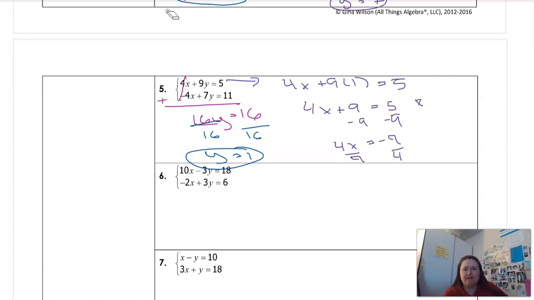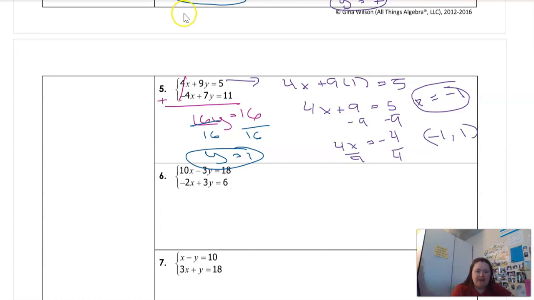So x equals negative 1. So I should have the point (-1, 1) as my solution, and then I just want to come over here and check. Negative 4 plus 9 is 5. Negative times negative is positive 4 plus 7 is 11. So it worked out.